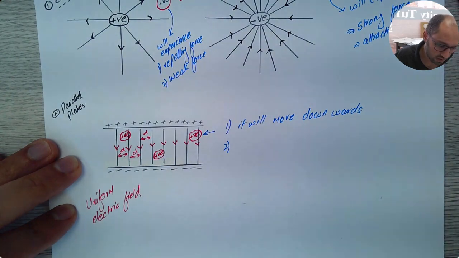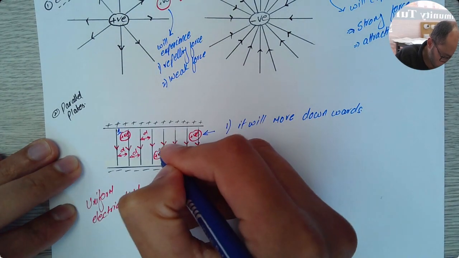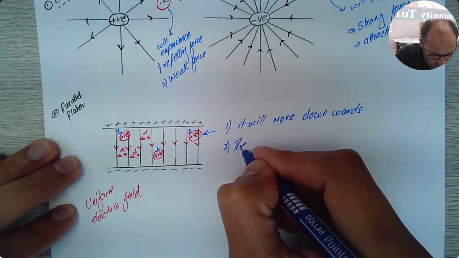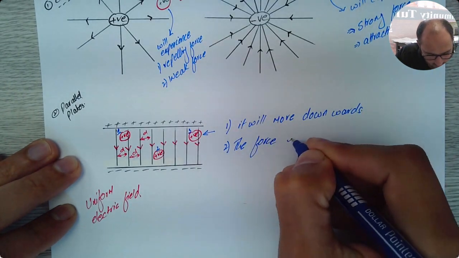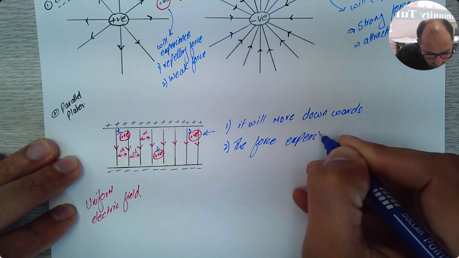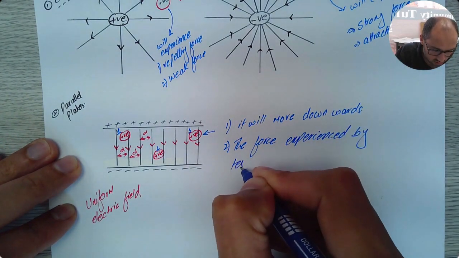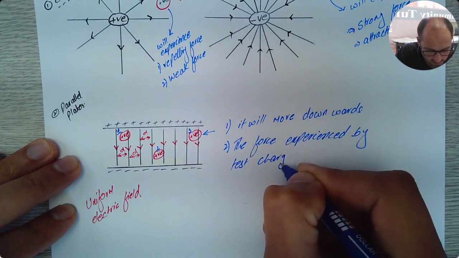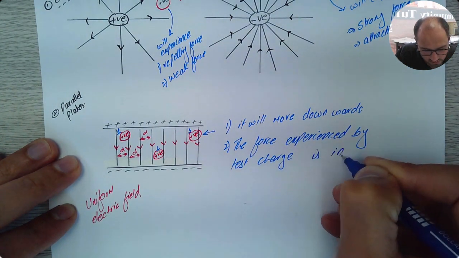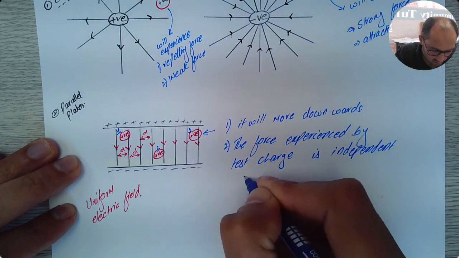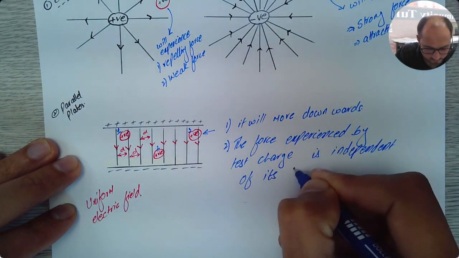So I'm now going to say I've got three locations, location 1, location 2, location 3. So I'm going to say the force experienced by test charge is independent of its location.